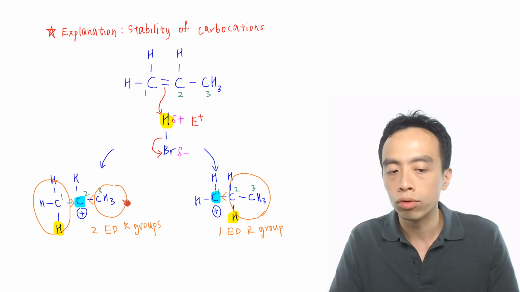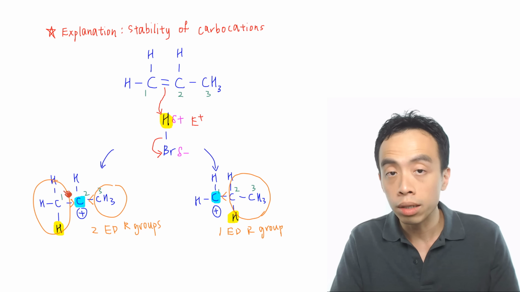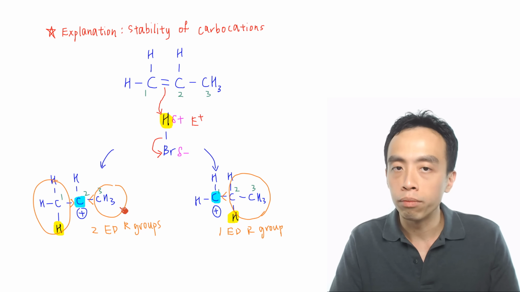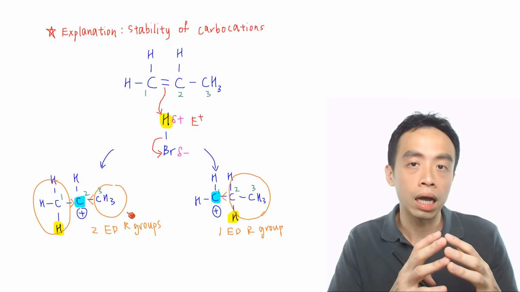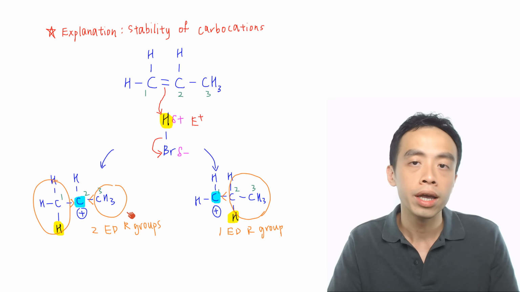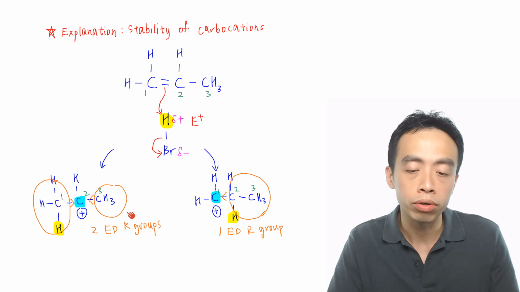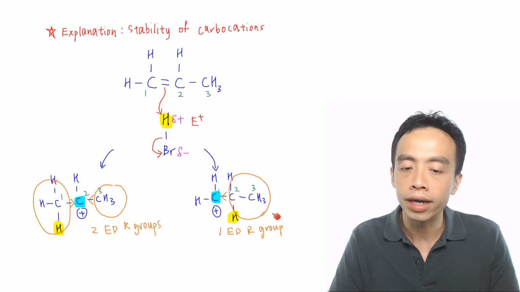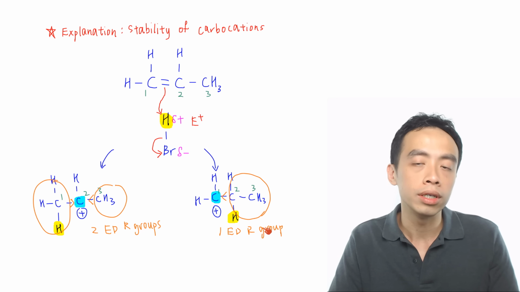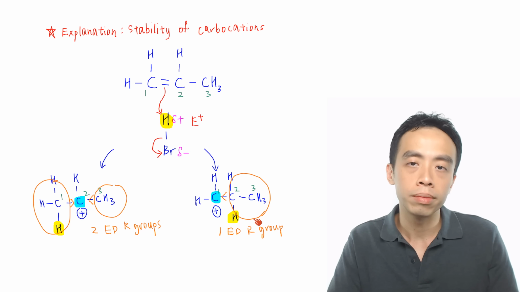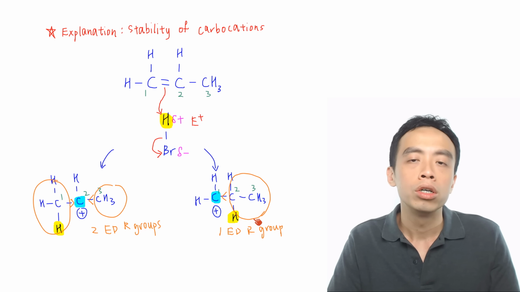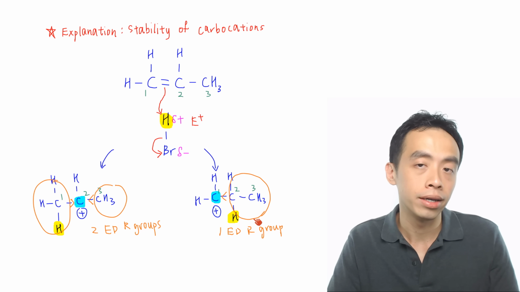If I compare these two, the intermediate on my left hand side has more electron donating groups, therefore the carbocation is more stable and more likely to be formed, so it will end up as the major product. Whereas the intermediate on the right hand side, because it has fewer electron donating R groups, is less stable, less likely formed, so it will end up as the minor product.